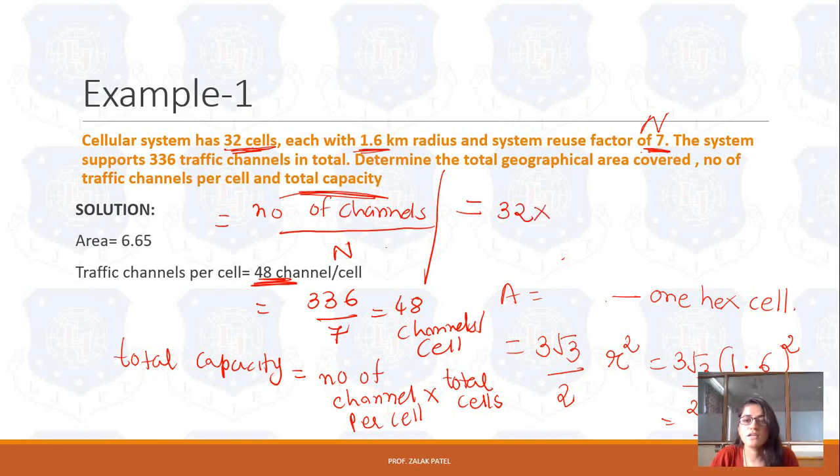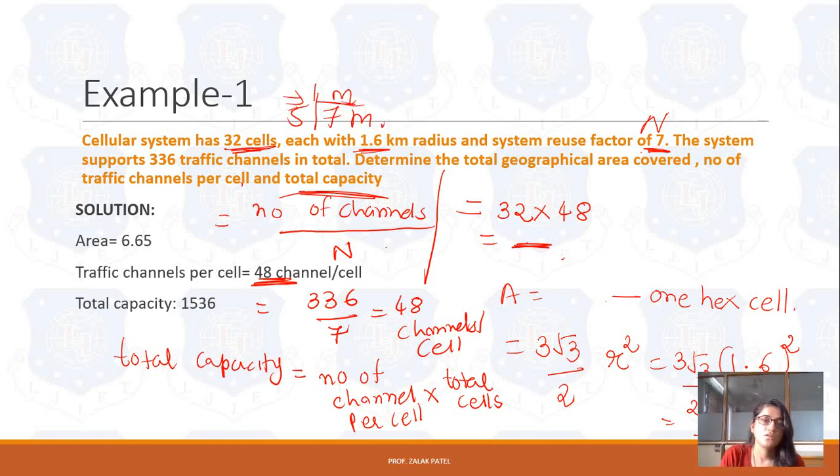So we calculate 48 into 32, which is the total number of cells, 32, into the number of channels, 48. If you multiply this, you get the answer 1536, the total capacity. The unit of capacity is the number of channels. So this is how one can calculate the total geographical area, channels per cell, and the capacity. This type of question can be asked as a 5 or 7 marks example, or as a 1 mark individual question.